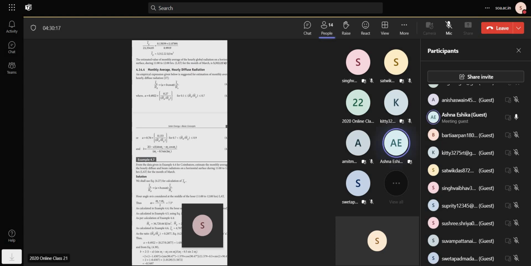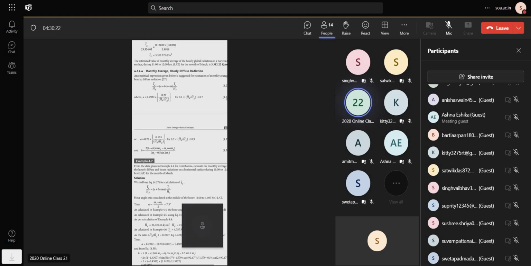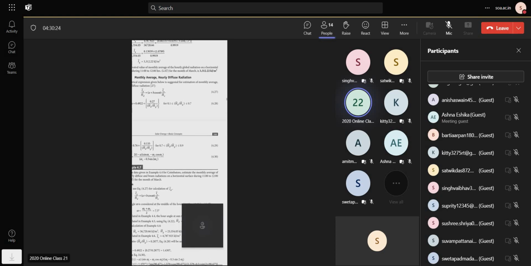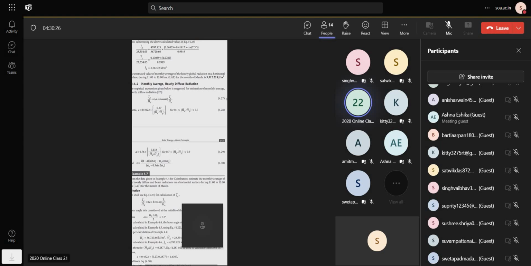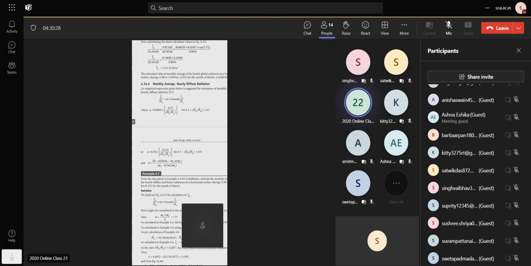Sir, 0.25. Okay, so when it is 0.25, see, it is within the range of 0.1 to 0.7. Okay, so please use HD bar by HG bar ratio and calculate A.